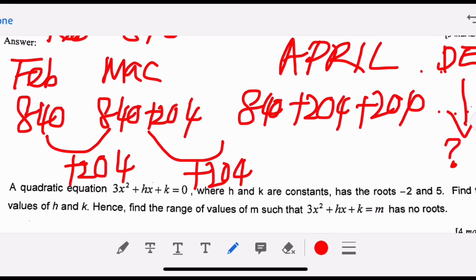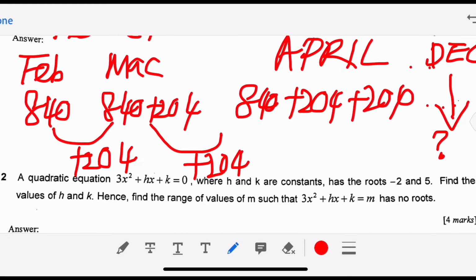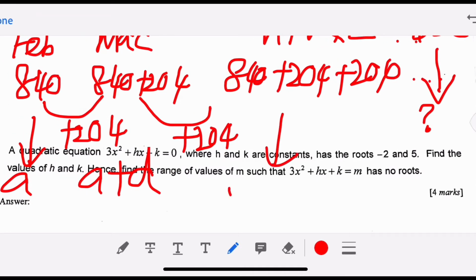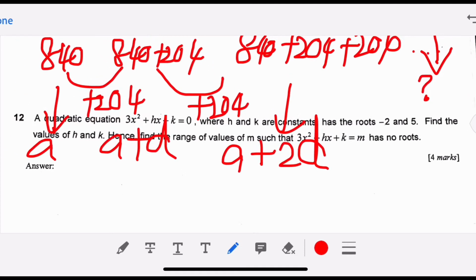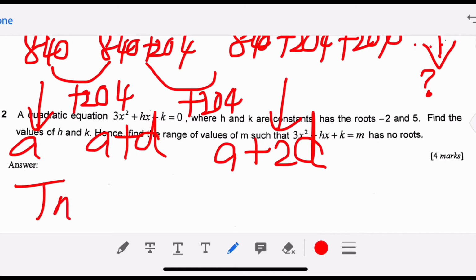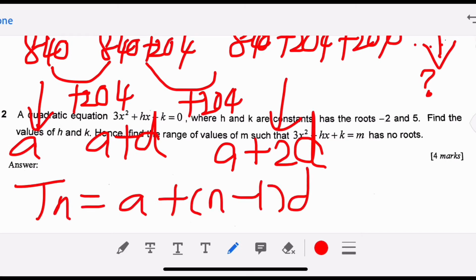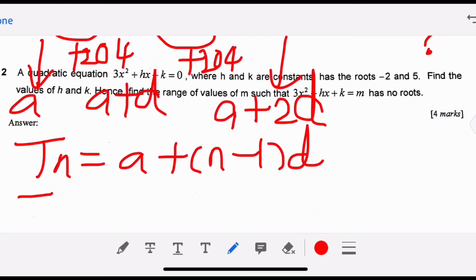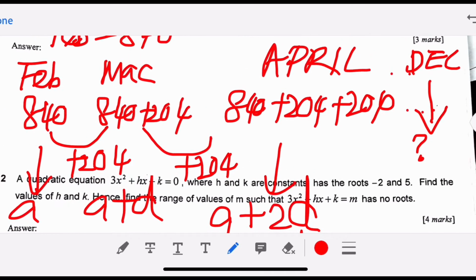If you count your n, then you write down the Tn formula. A is 840, and your D is the constant that you keep on adding, which is 204. That is how the formula comes from: A for the first term, second term is A plus D, third term is A plus 2D, and the nth term is A plus (n minus 1)D.